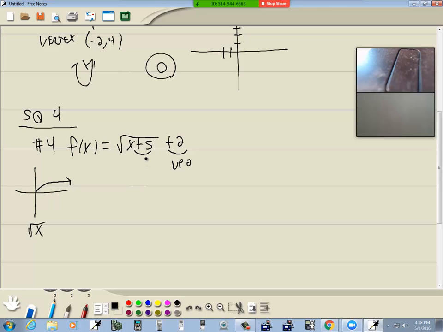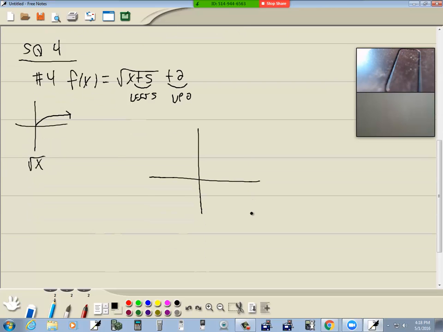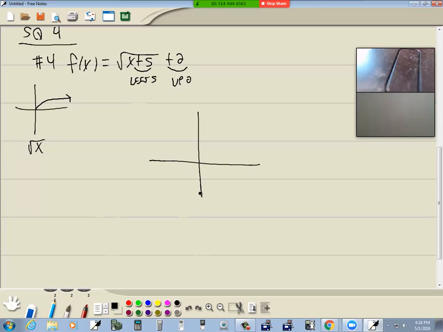The plus 5 would make us think goes right 5, so it's really going left 5. So left 5, up 2. So I'm going to go up 2, left 5, and this would be our f of x.